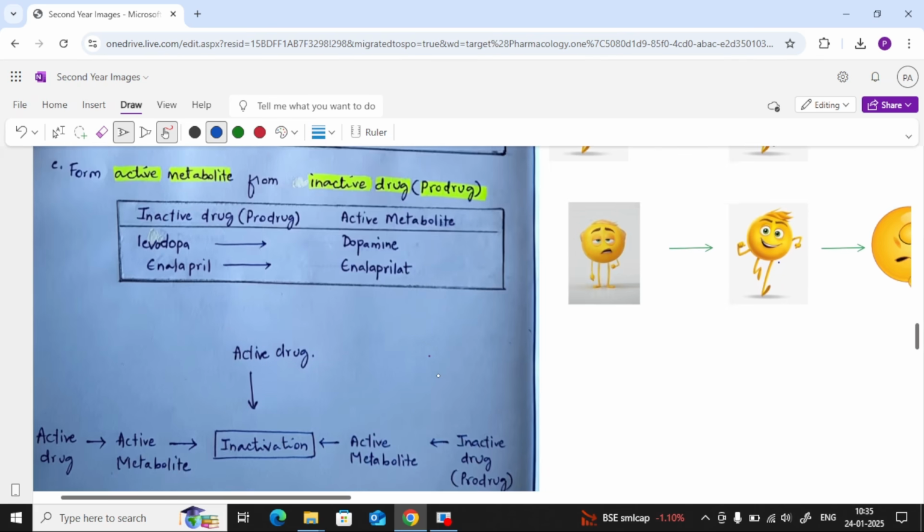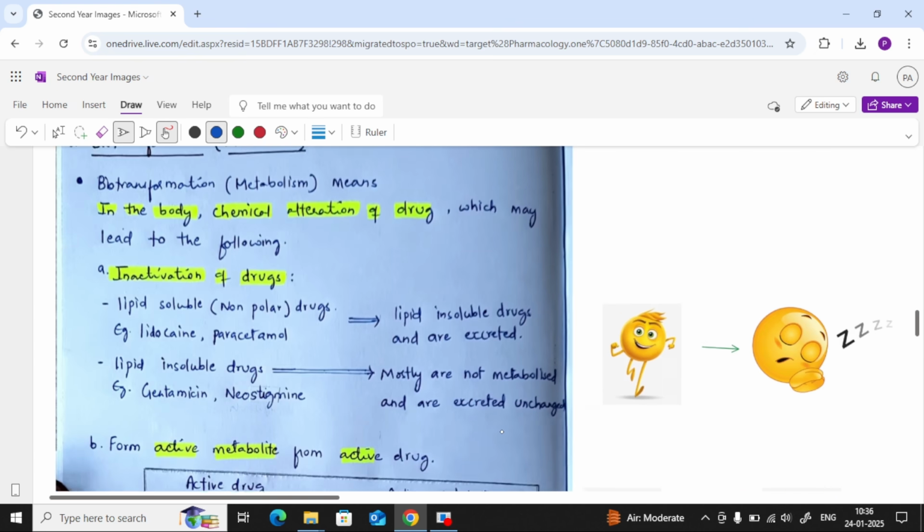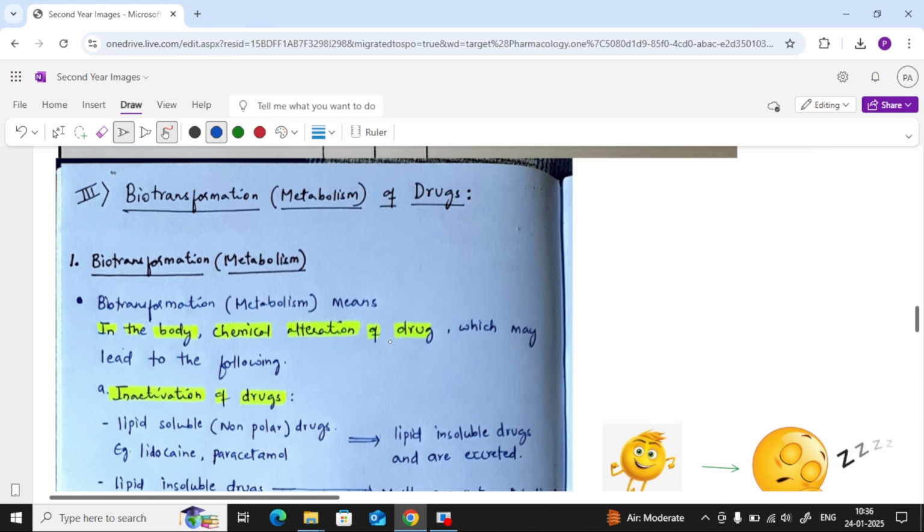The same thing is summarized in this diagram. The main purpose of biotransformation or metabolism is inactivation of the drug. Sometimes the drug is converted to active metabolites from active and inactive drug. So this is about the first heading, what biotransformation means.